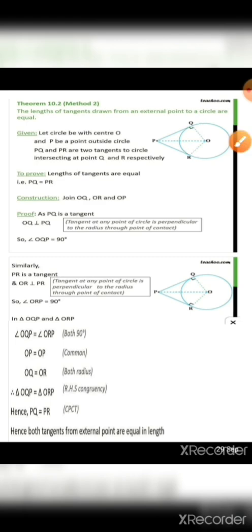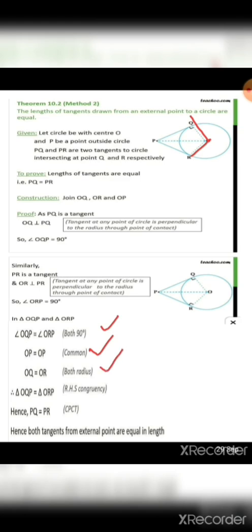Then what about the sides? OP and OP are the common side. So that case is also okay. Next, what about OR and OQ? OR and OQ are both radii of the same circle, so they are also equal. So we get angle OQP equal to angle ORP equal to 90 degrees, OP equal to OP, and OQ equal to OR.